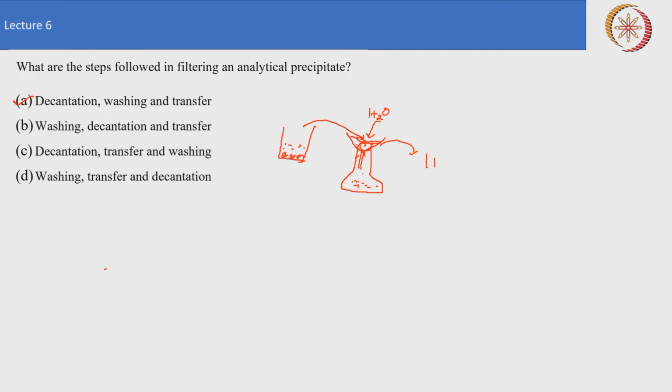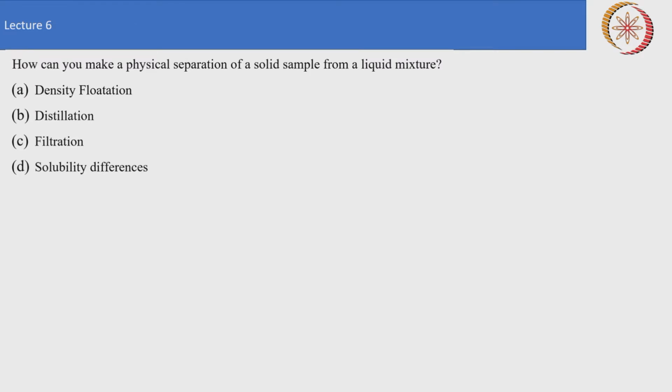So if you do washing first, you have to first decant this liquid somewhere, then you can wash this. In that case your precipitated sample can be transferred, but that time your sample loss will be there. So the answer is A.